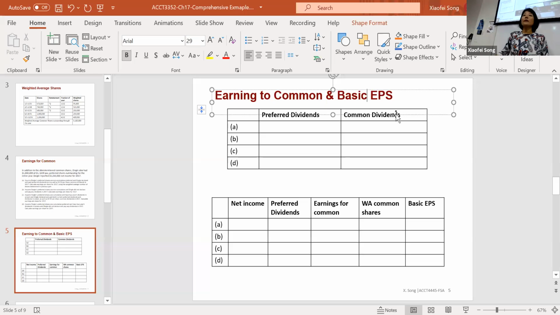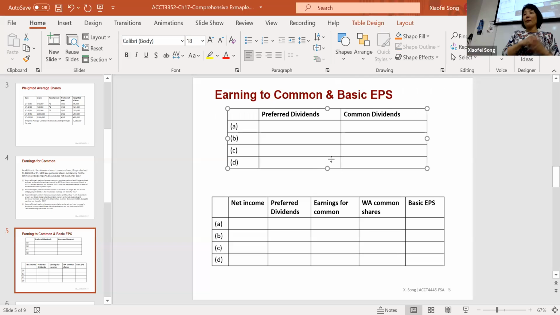So let's look at dividends first, like a mini review. We first figure out how much dividend Dingo would actually have to pay to each class.